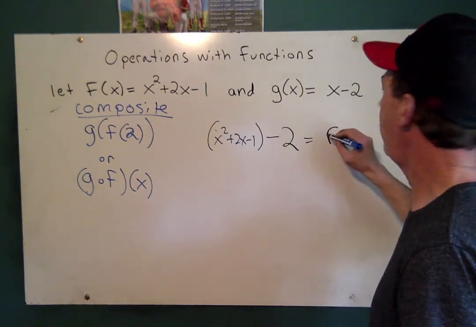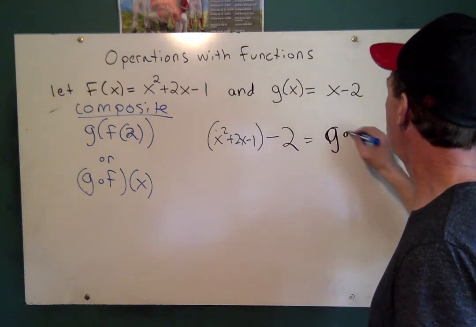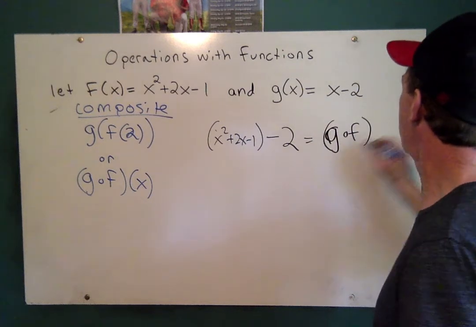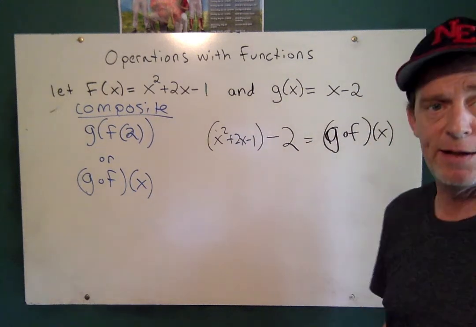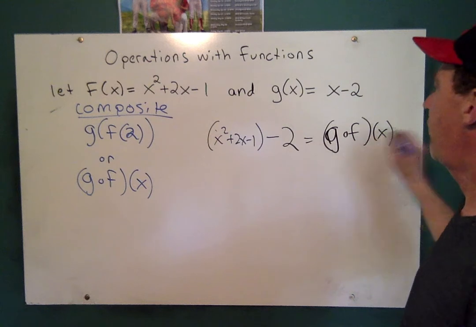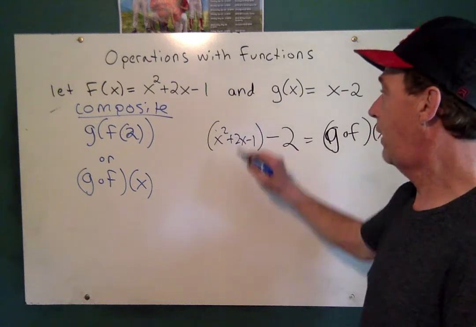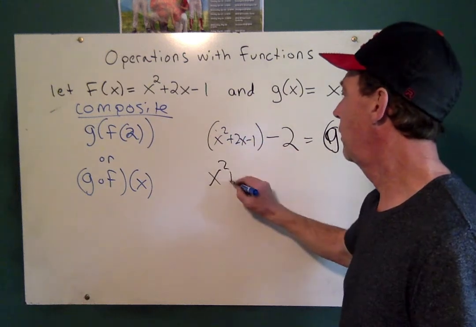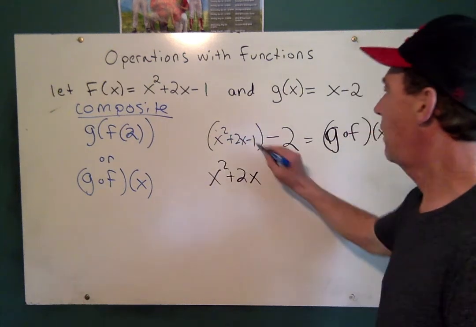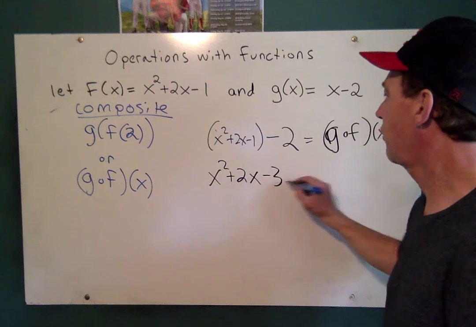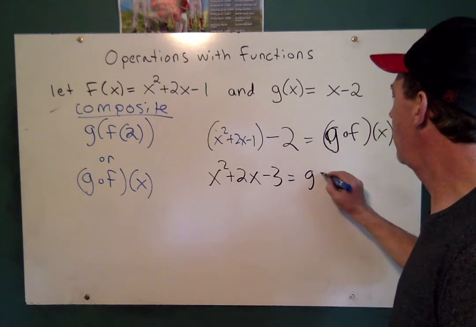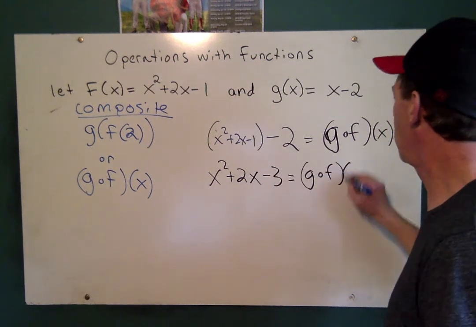This is g of f of x, is how that's read. So simplify, and I would have x squared plus 2x, and then minus 1 and minus 2 is minus 3, is g of f of x.